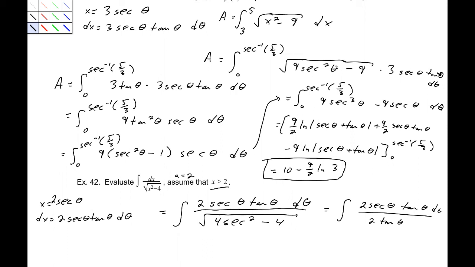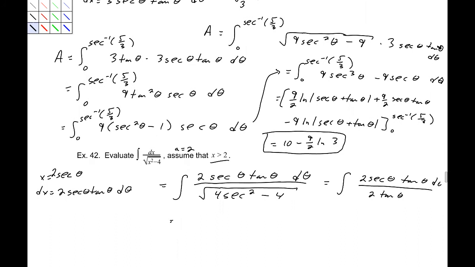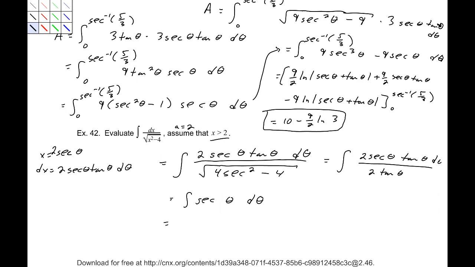Well, that will be just a secant. Integral of secant theta d theta, which is going to be natural log, absolute value of secant theta plus tangent theta, plus c.